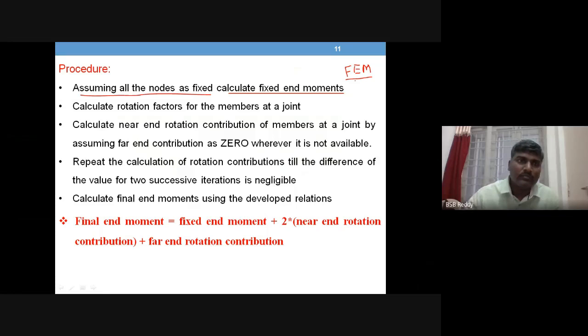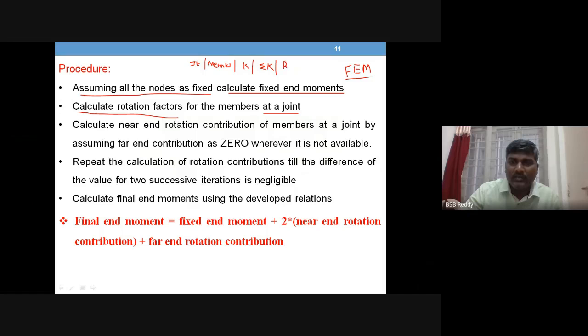Next, in the moment distribution method, we used to calculate distribution factor. Now we calculate rotation factor for the members at a joint. You can make a similar tabular form: joint, member, k value of that member, sigma k of the joint, and then instead of distribution factor, rotation factor. So you make five columns, and the number of rows depends on the number of joints.